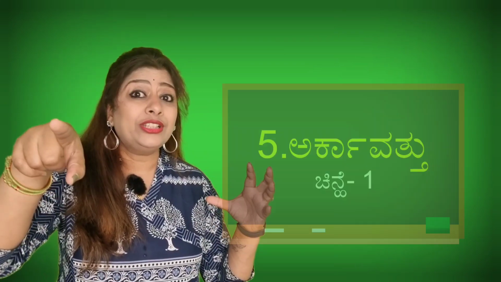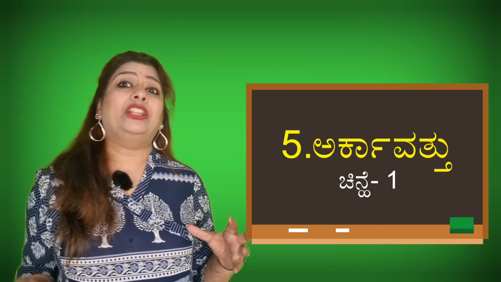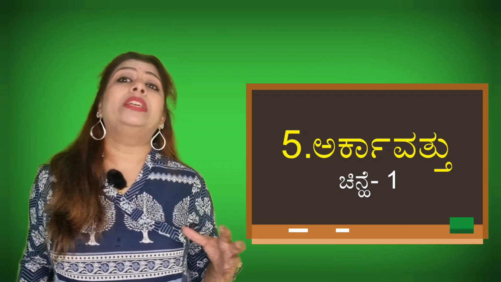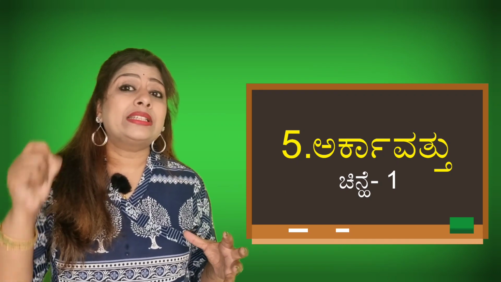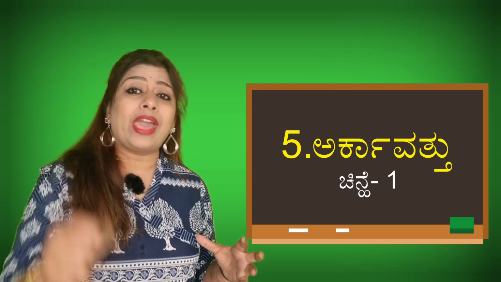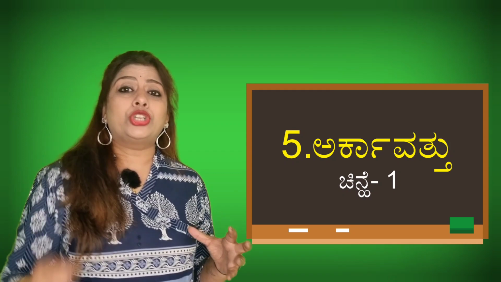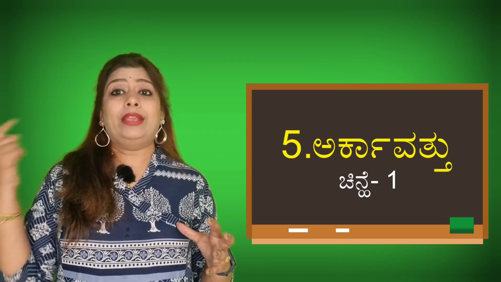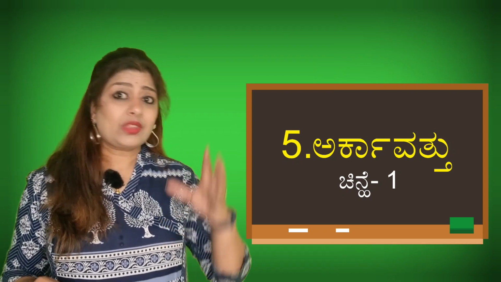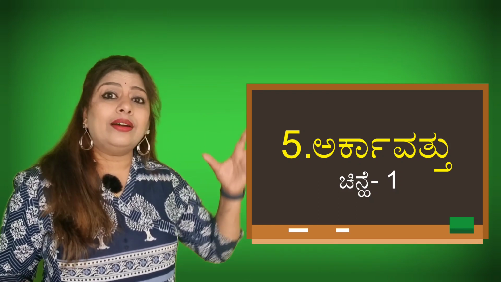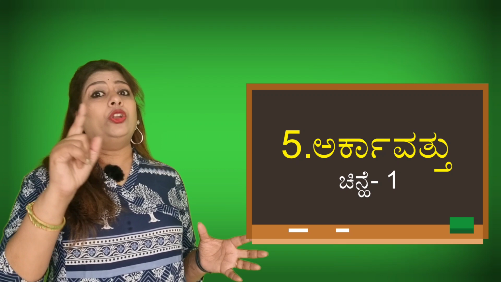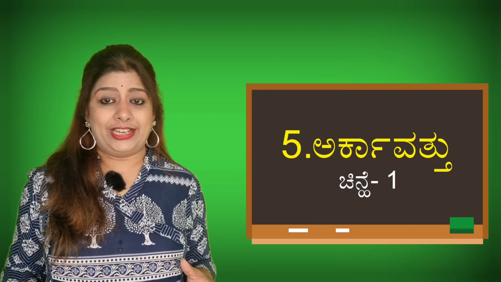These are the basic concepts, and to add to this, arkavattu. Yes, arkavattu is one more sign that the child will have to know and understand how and where to use. The child should be able to use this sign in reading and writing. So you can see the total again. Once the child is clear with all these concepts, only then can they achieve foundational literacy.